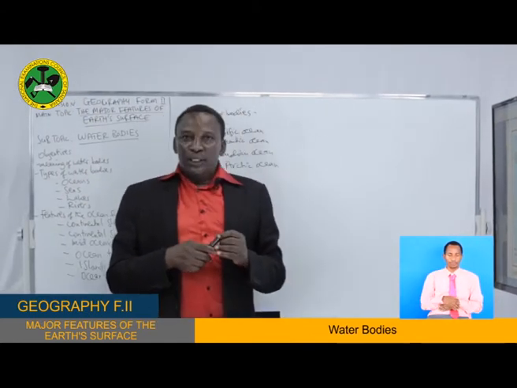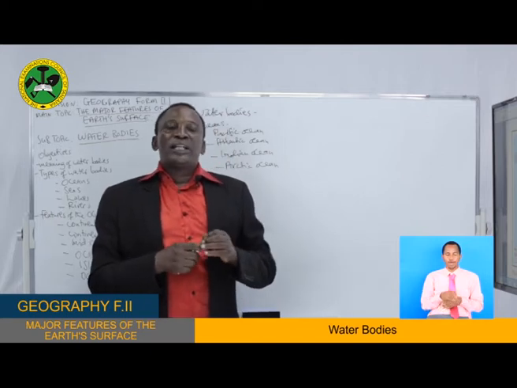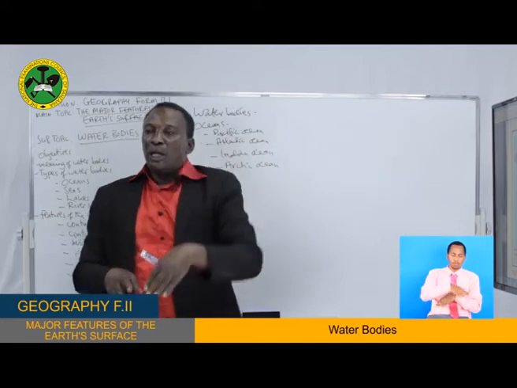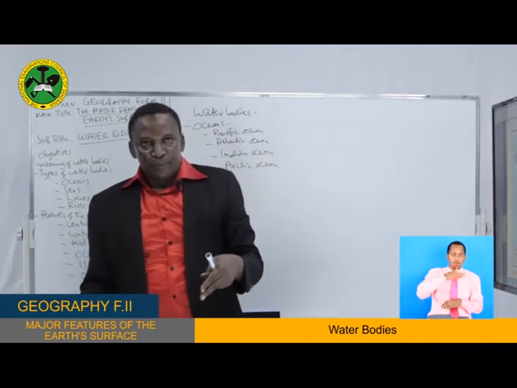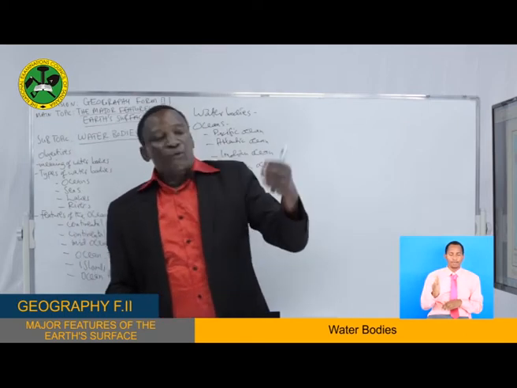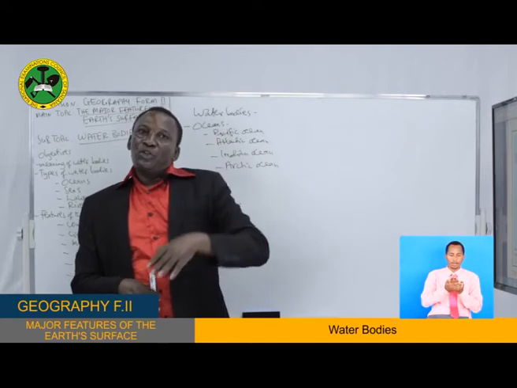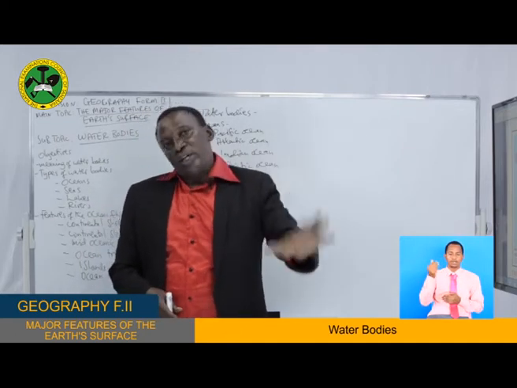A river is a large mass of water which flows from the high land to the low land with the gravitational force. The source of the rivers depends. Some of the rivers originate from natural spring water.